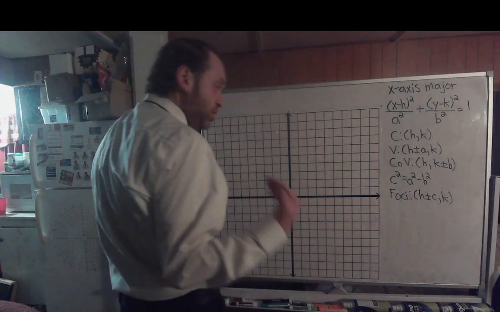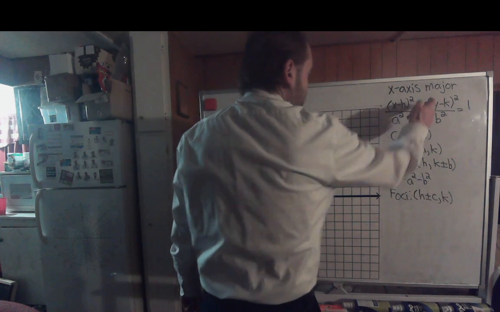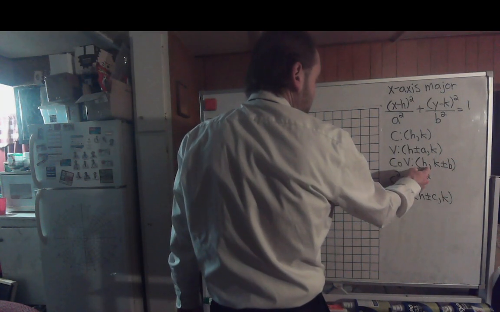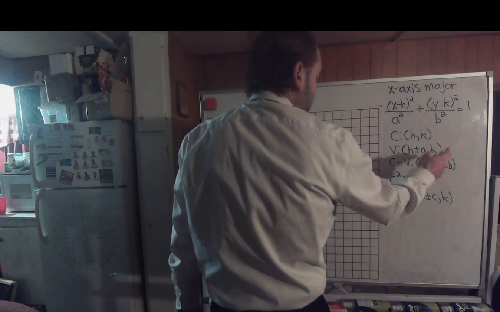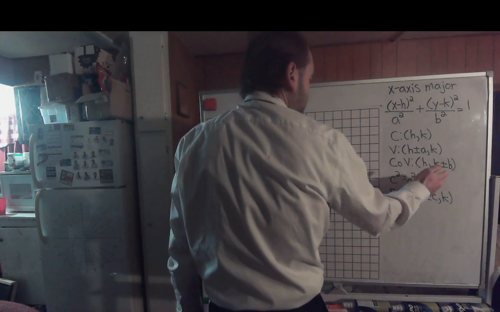And then you have your co-vertices, in which you have your y-axis as your minor axis. So this time you leave your x value of h alone, then you'll take k plus or minus b.